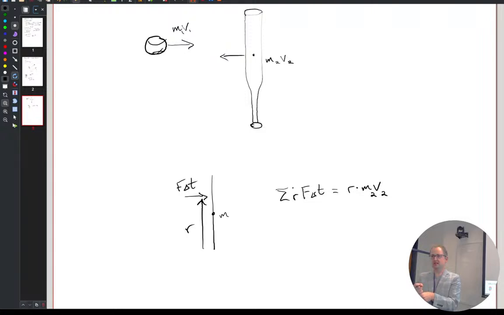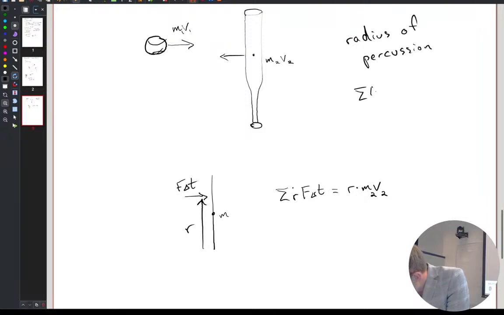So looking at some of the moments, moments times time. Radius of percussion. Yeah, we're trying to get R to be like a 0 force radius somehow.